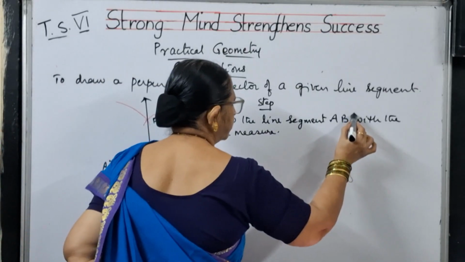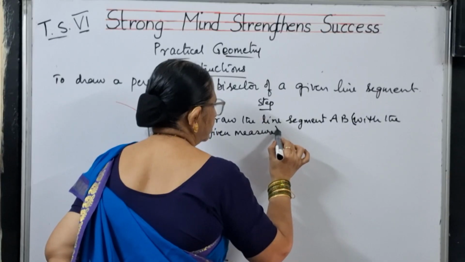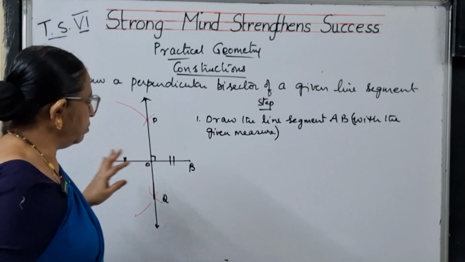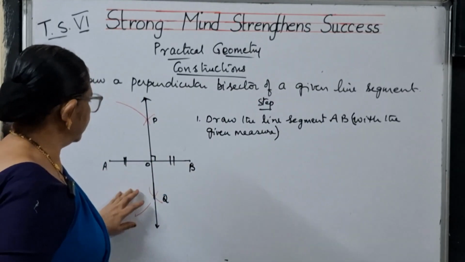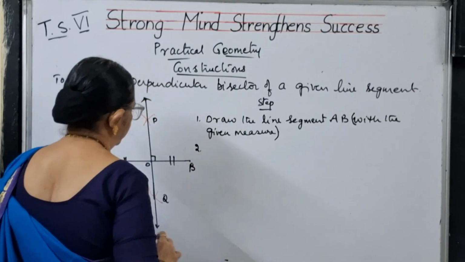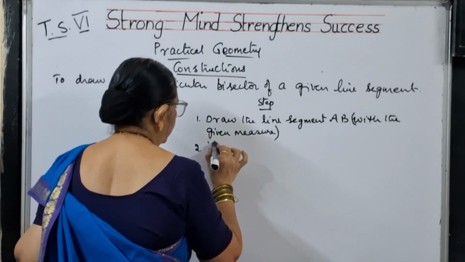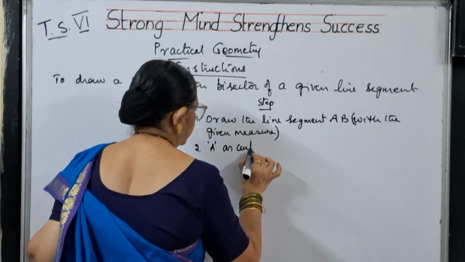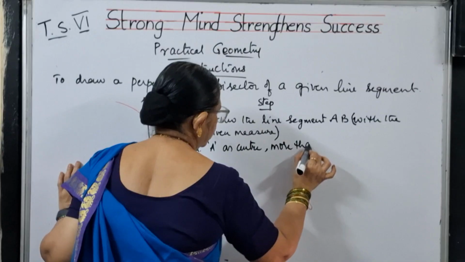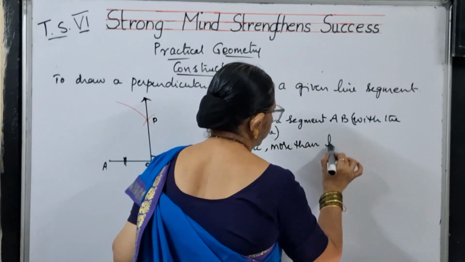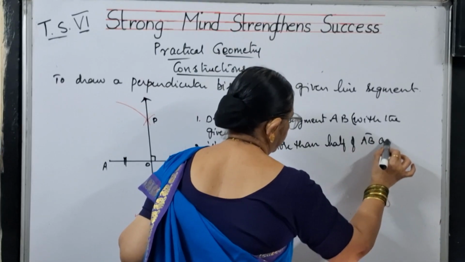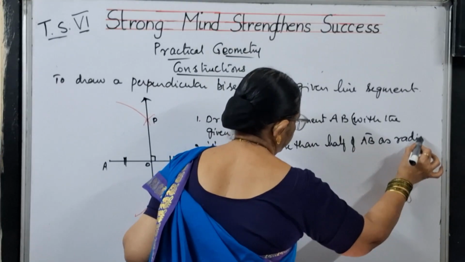So I am keeping it in the bracket with the given measure. This you need to write when you have a certain measure that is given to you. So draw line segment AB. Next, A as center, more than half of AB as radius.